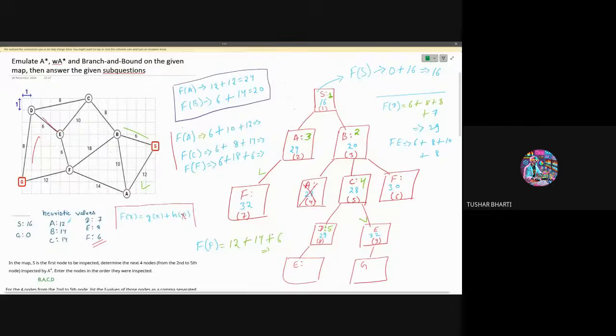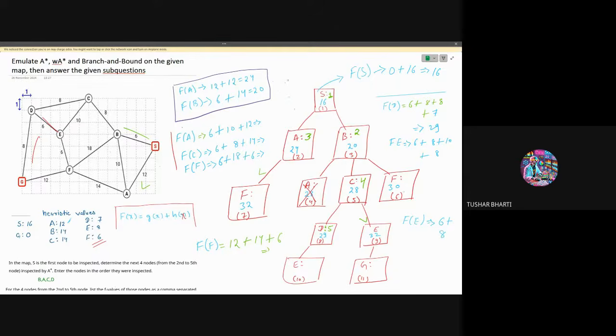Now again we will mark this as number 10, and this is 11th, and we have to calculate f of E and f of G. So if we calculate f of E here, this will be S to B, 6, plus B to C, 8.